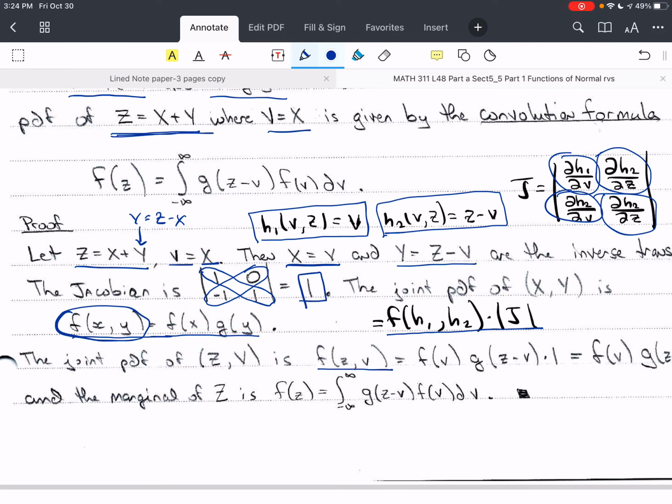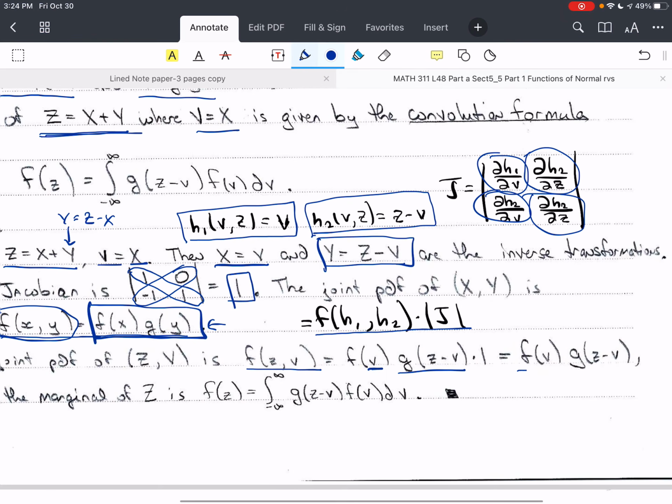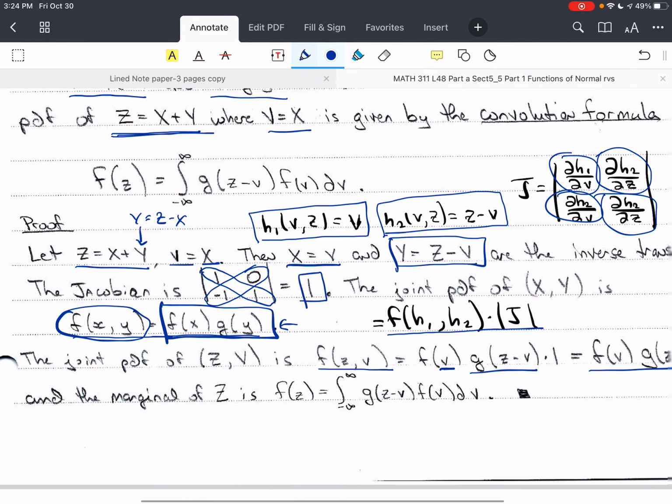And here is our expression for the joint PDF of x and y. x only shows up in f, and y only shows up in g. So we make the substitution for h1, so for x, and that leaves us f of v. And then y is z minus v, so we have g of z minus v, and then times 1, so we're left with f of v times g of z minus v.